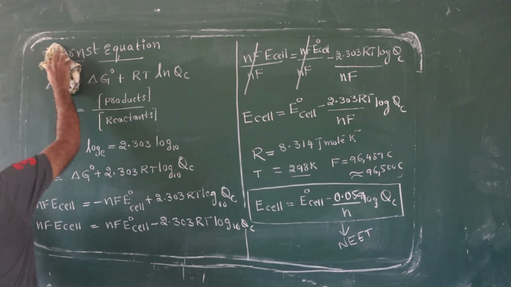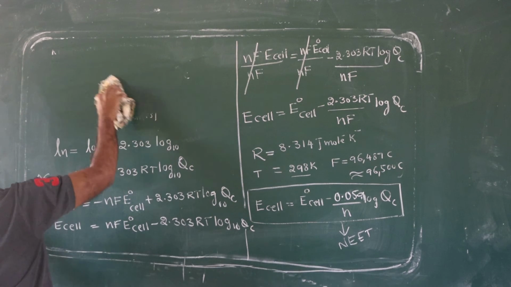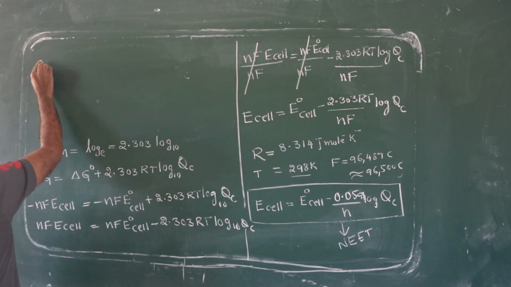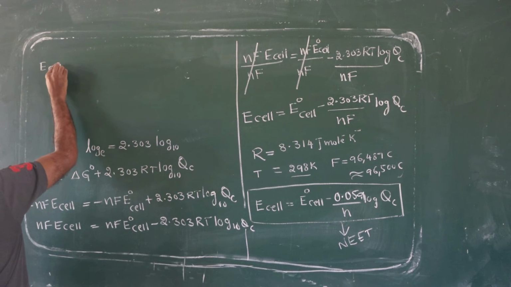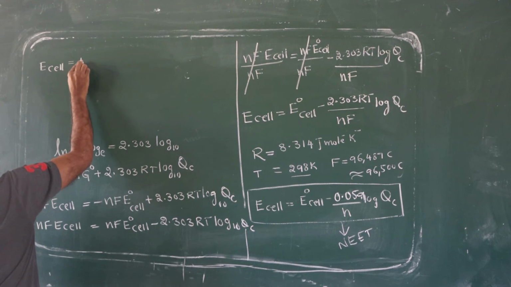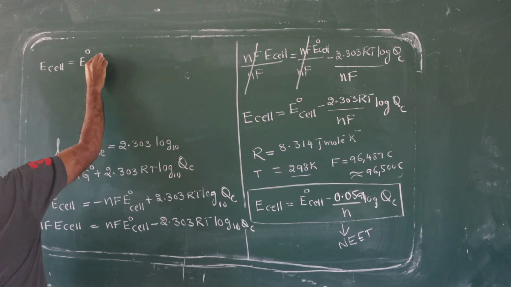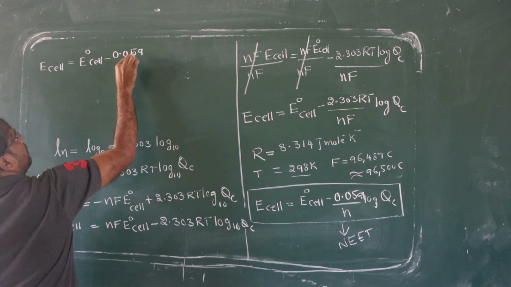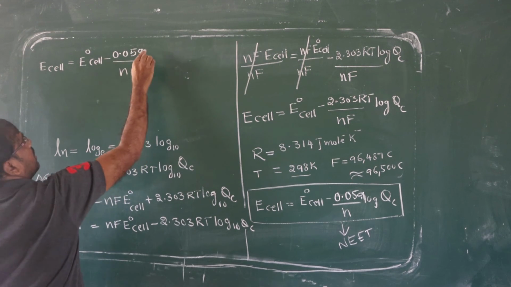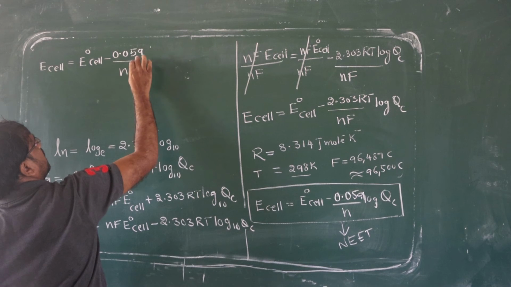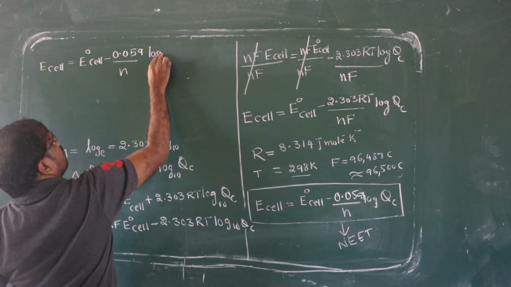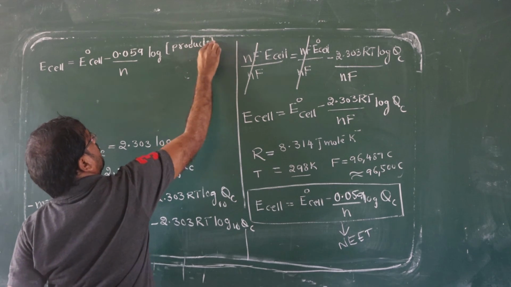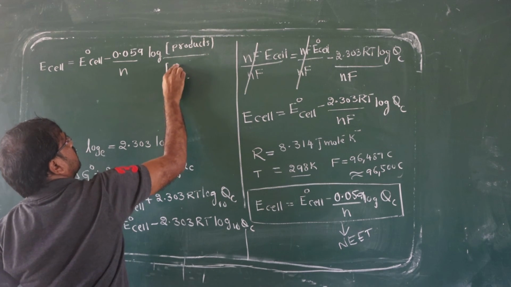Continuous to this. So what is the final equation we got? E cell is equal to E naught cell minus 0.059 by n log concentration of products divided by concentration of reactants.